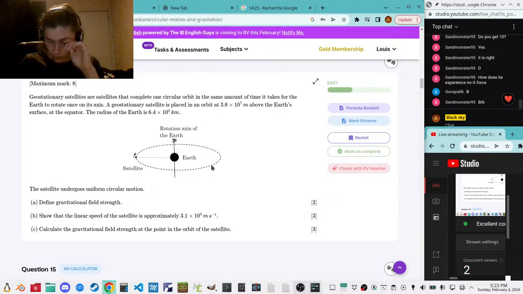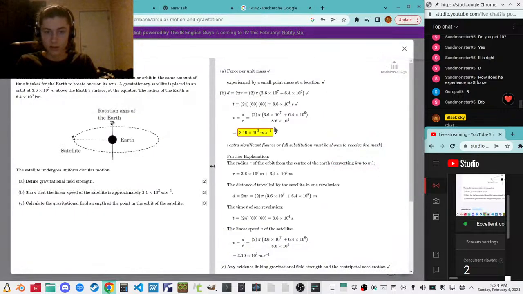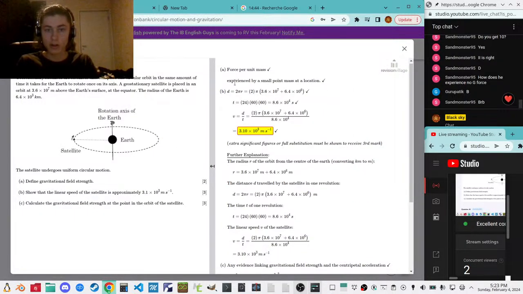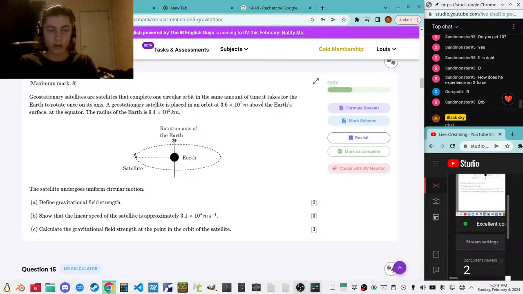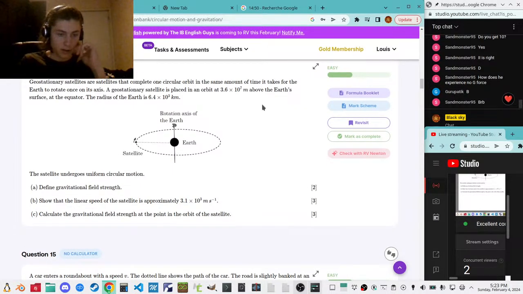The force experienced by a small test mass per unit mass, due to a bigger mass. That was probably good enough. Show that the linear speed of the satellite is approximately this.